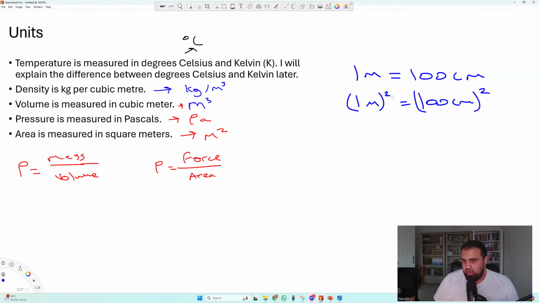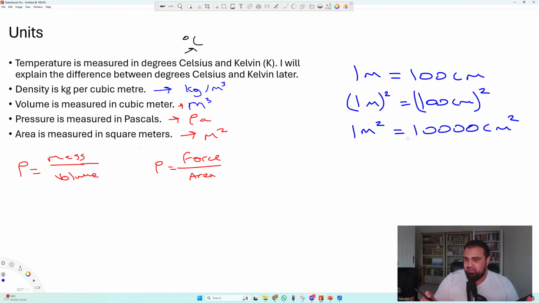So 1 squared is 1 and meter squared is just meter squared. 100 squared is 10,000. So you're going to get 10,000 centimeters squared. Of course, I've taught this a bunch of times in math, so this shouldn't be the barrier to entry here.